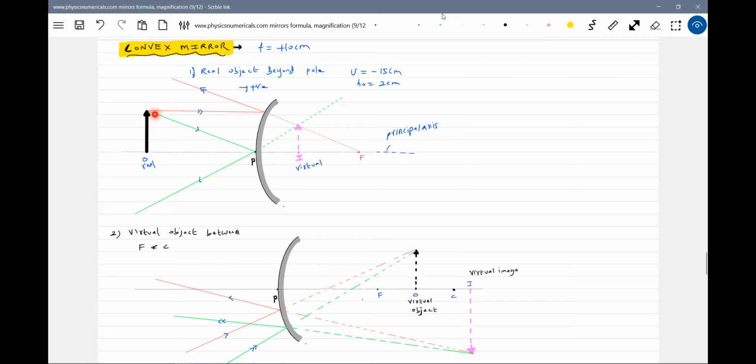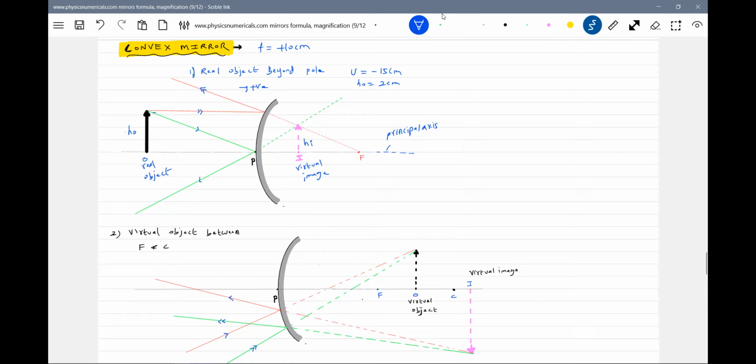Then another ray is incident at the pole, and after reflection it will be reflected. Look at these two reflected rays. They're diverging from a point. I'll produce them back to where these two reflected rays intersect. That will be the position of the image. So here, the object is HO, and this will be I. So a virtual image, for a real object.